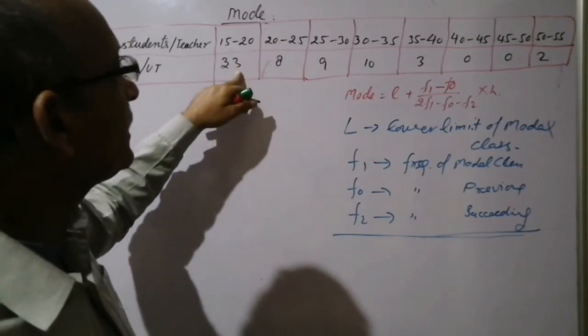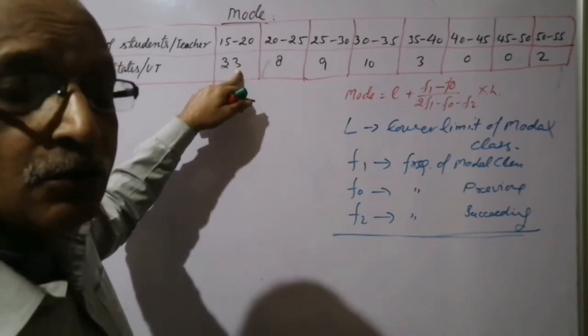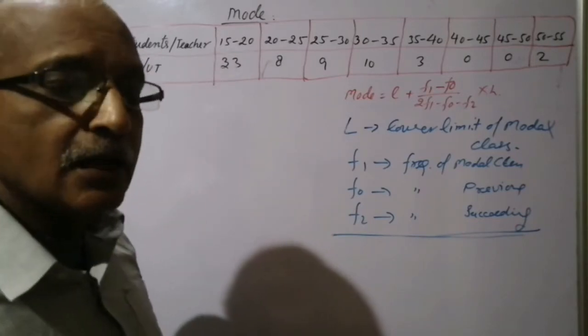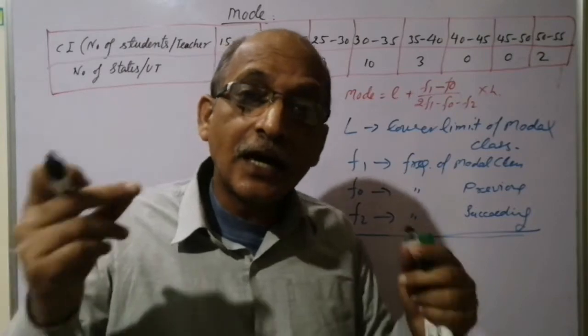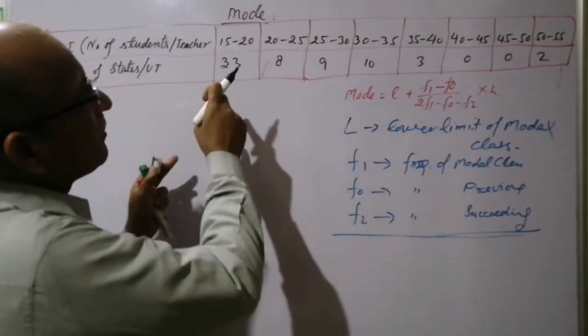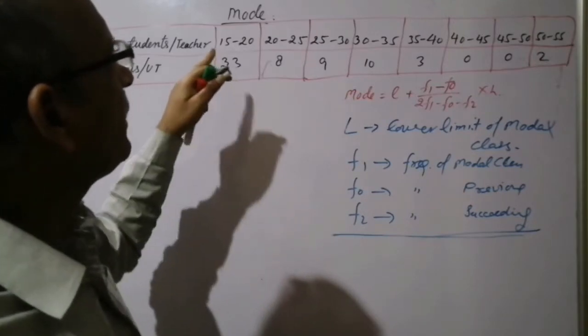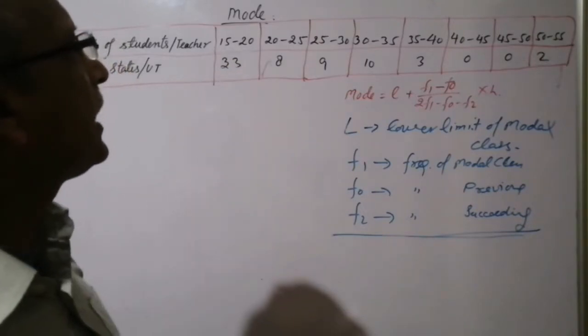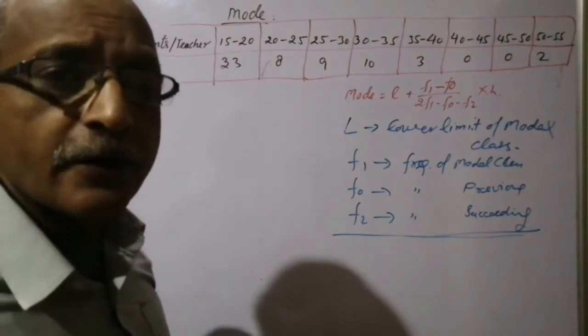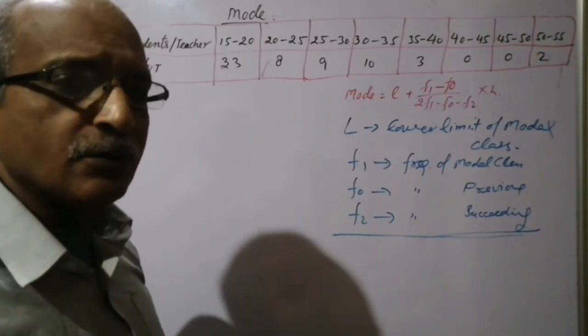But the problem is that when this class is 15 to 20, before it no class is there, then we have to assume a class ourselves known as a dummy class. Why have we not mentioned here the class 10 to 15? Because there was no frequency at all. Frequency was 0.